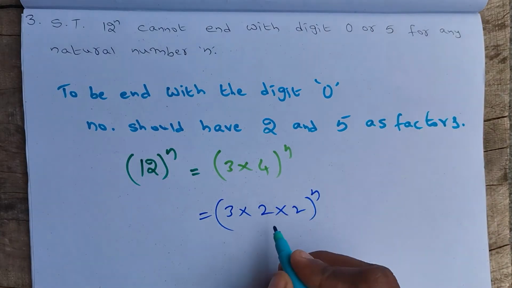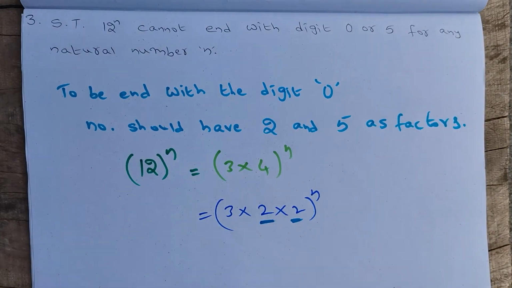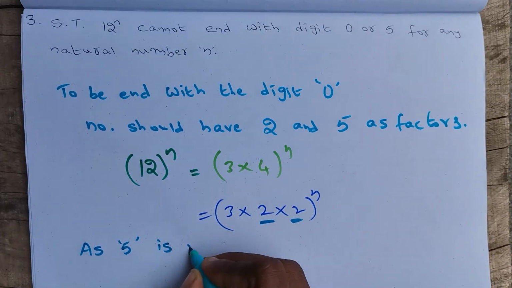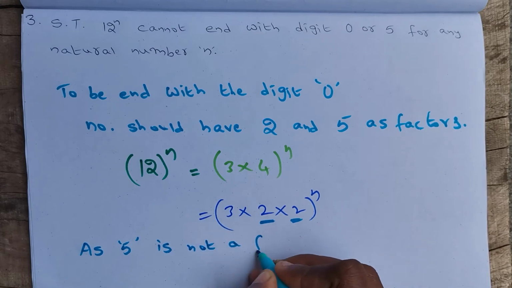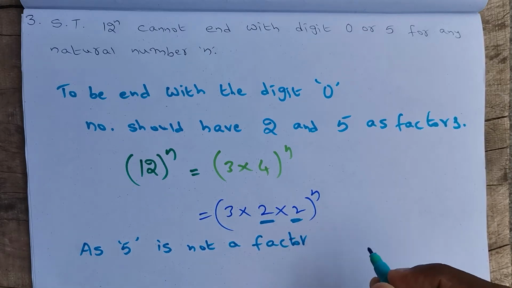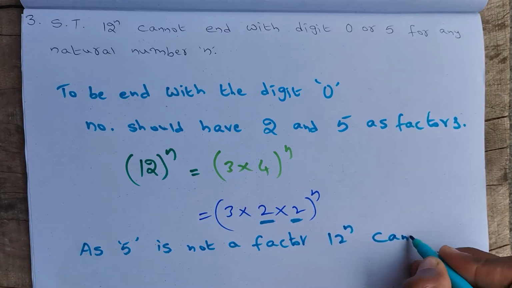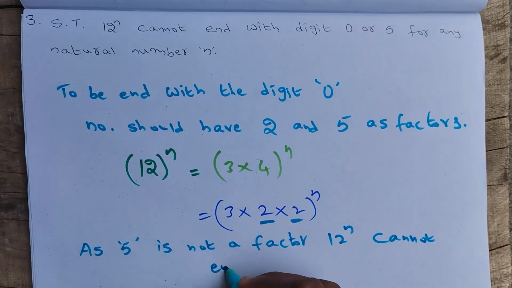Definitely 2 is there. But what about the number 5? Number 5 is not a factor. That's why it won't end with the digit 0. As 5 is not a factor, 12 power n cannot end with the digit 0.